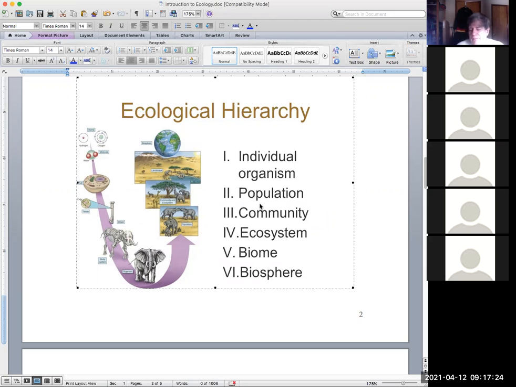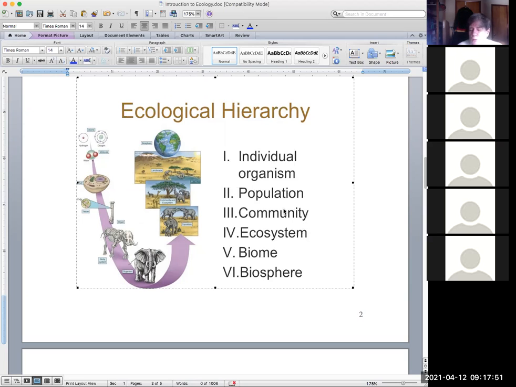So this includes things like predation, competition, and it also includes organisms working together. There's one type of interaction called mutualism, where both organisms benefit from the association. So when we think about communities, we're going to be looking at interactions between different types of species.